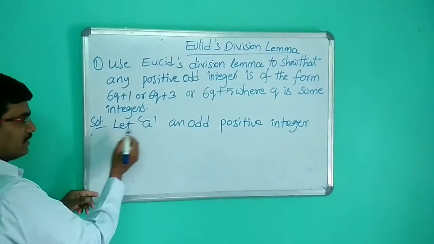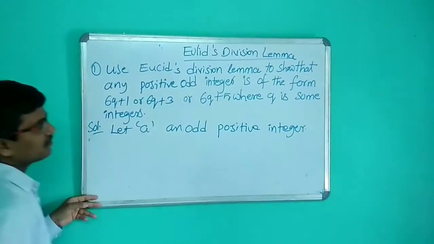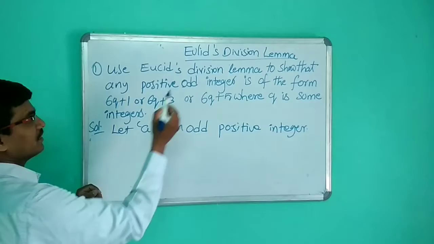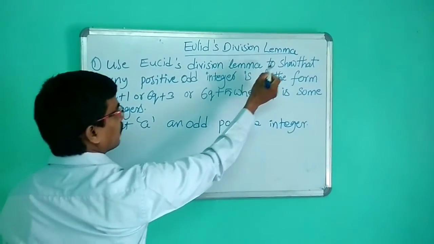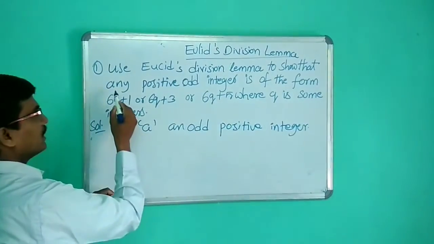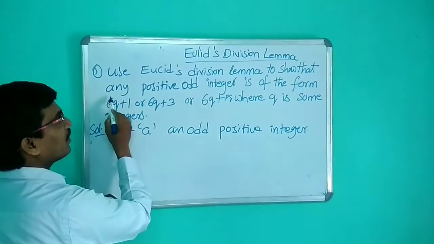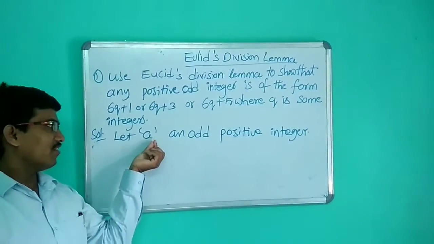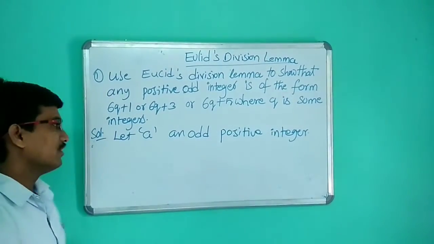Here we let a be an odd positive integer because the question already says: using Euclid's division lemma, show that any positive odd integer. So here, any positive odd integer. That's why we are taking a as an odd positive integer.